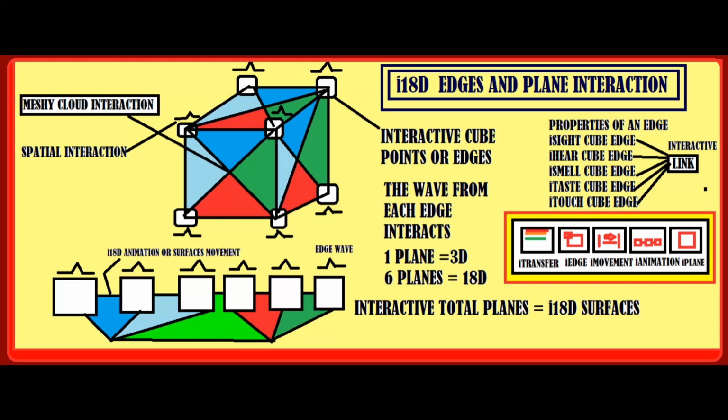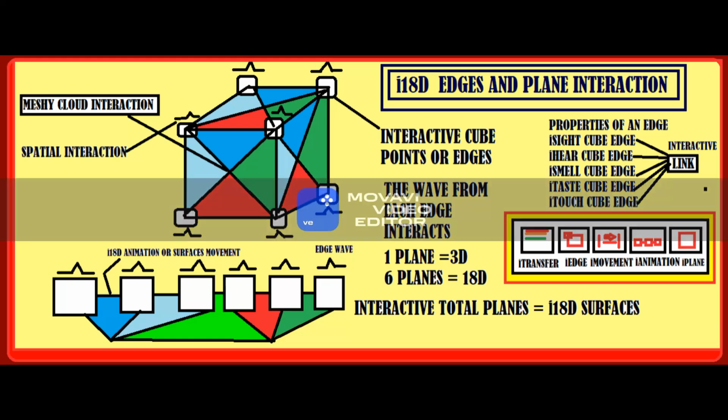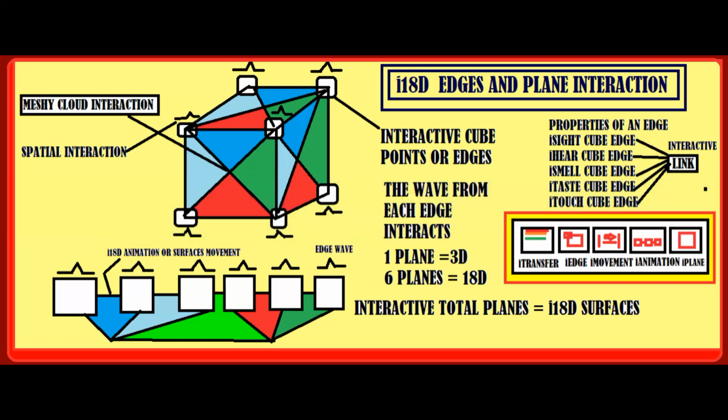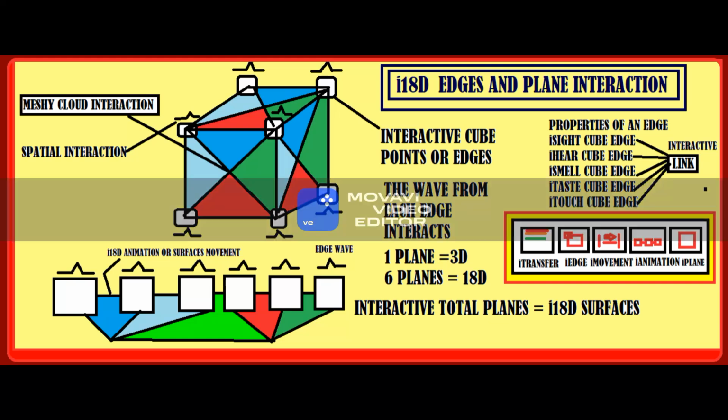But here we have i18D, and we have 6 planes and 18 edges, and these planes tend to undergo what we call meshy cloud interaction, where they interact. This will interact with this, this will interact with this, and this will interact with this. You can see a triangle here, a triangle here, a triangle here, a triangle here, and all this forms a cube planar surface, just one planar surface.